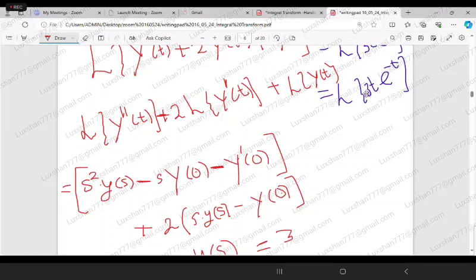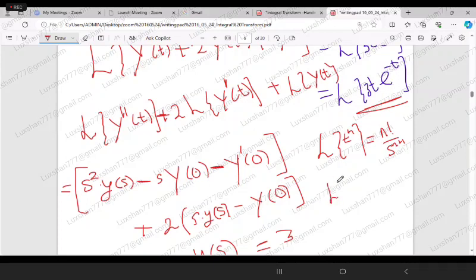We have the Laplace transform of t to the power n is n factorial over s to the n plus 1. So n is equal to 1. Therefore, this is s squared. But here we have minus 1.